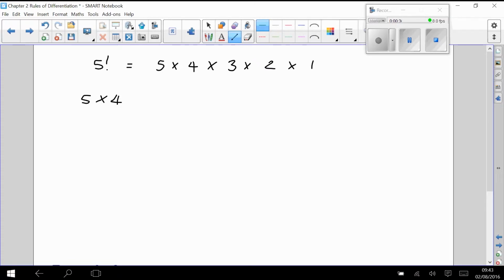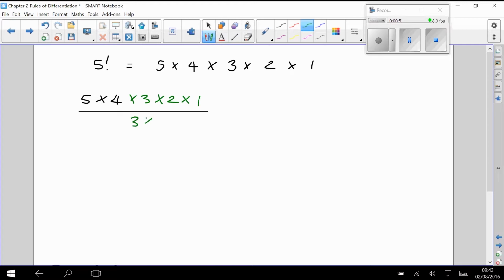I'm going to show you by doing a manipulation, and the manipulation I'm going to do in green. If I times 5 times 4 by 3 and 2 and 1, both in my numerator and in my denominator, you can see that I have developed my factorial notation. In my numerator, I actually have 5 factorial.